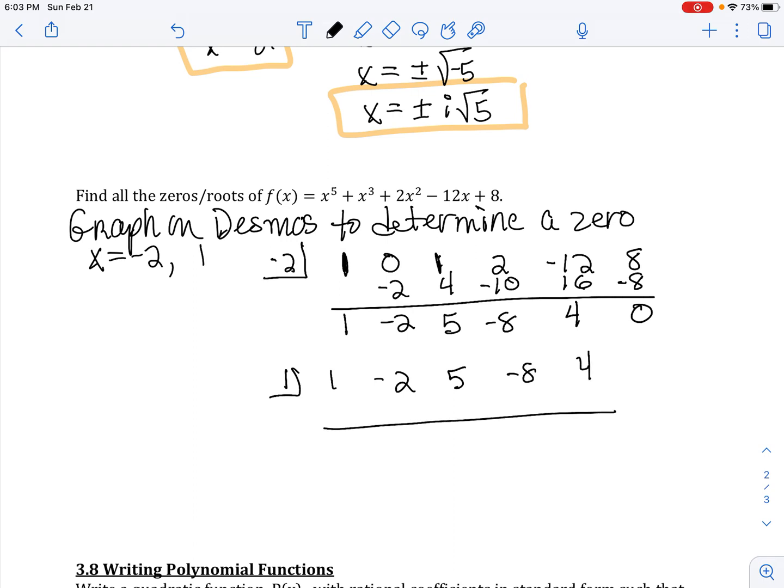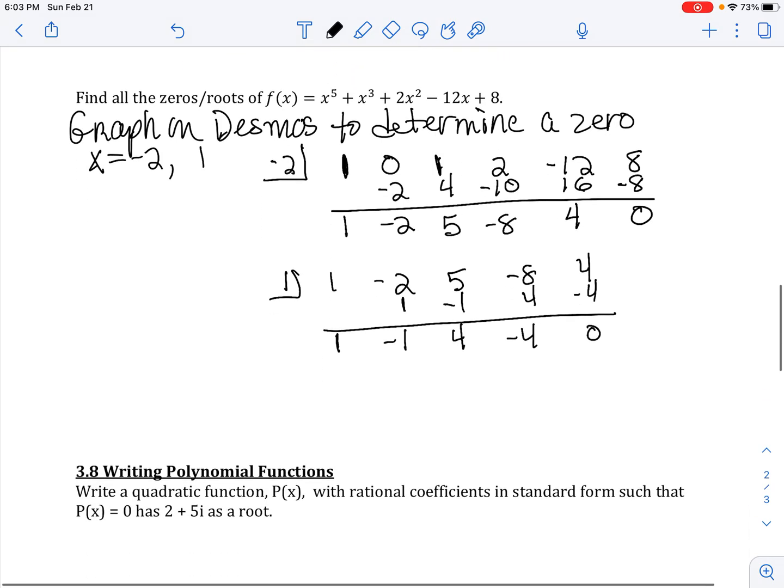Because if it's a 0 of the original polynomial, it will be a 0 of any polynomials you get in synthetic division. So bring down the 1. 1 times 1 is 1, -1, -1, 4, 4, -4, -4, 0.